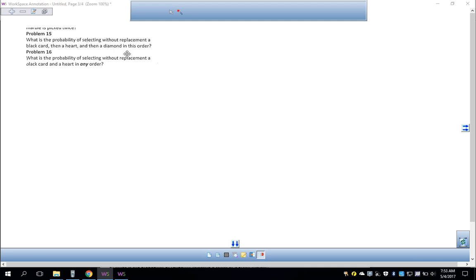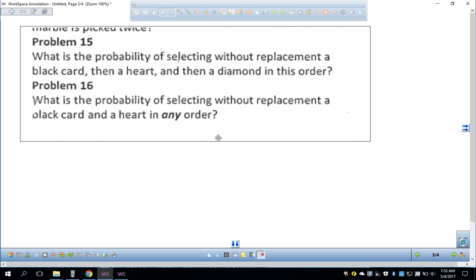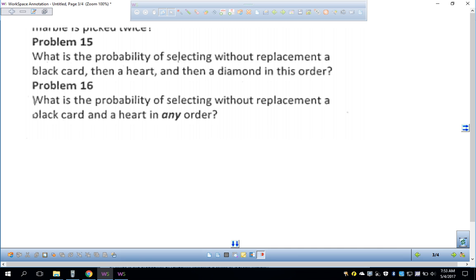Number 15. So listen, now we're getting into some card problems. How many cards are there altogether? There's 52 cards. When you're doing cards, there's a couple different ways to do it. What is the probability of selecting, without replacement, a black card, and then a heart, and then a diamond, in this order?